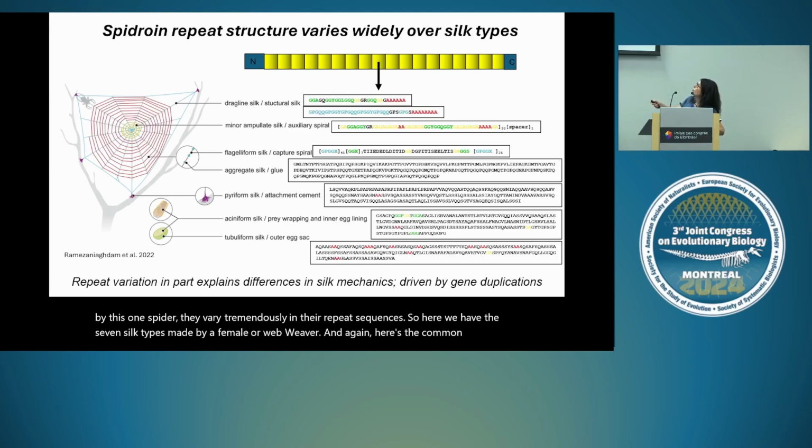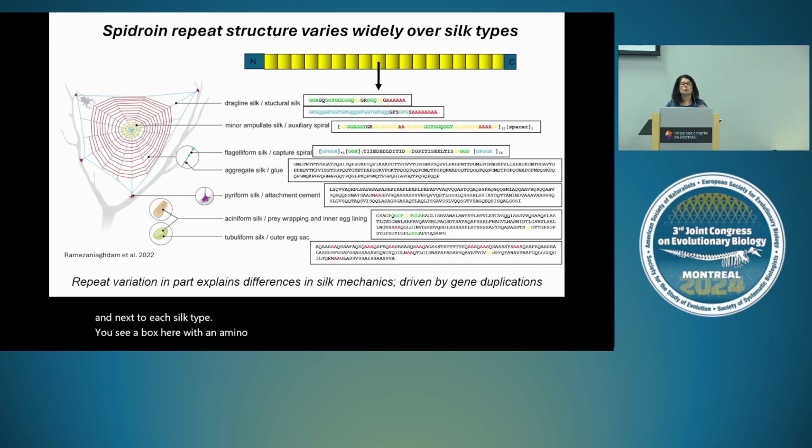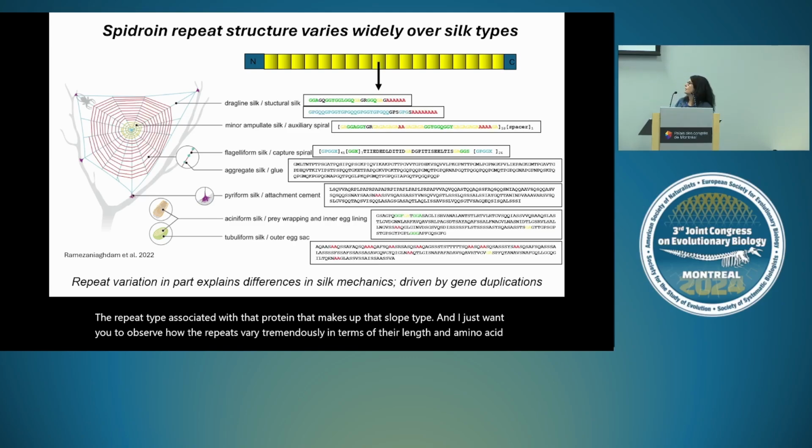And next to each silk type, you see a box here with an amino acid sequence, which represents the repeat type associated with that protein that makes up that silk type. And I just want you to observe how the repeats vary tremendously in terms of their length and amino acid composition across the different silk types.